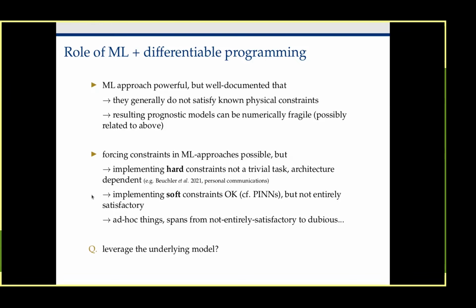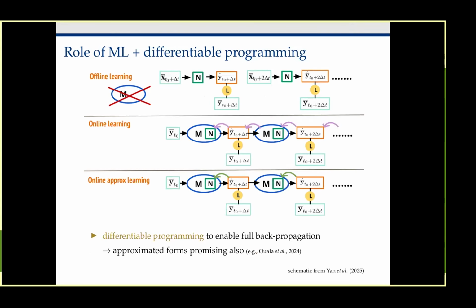theoretically satisfactory, in my opinion. One thing alluded to here is that you could also leverage the underlying model, and for this you eventually need differentiable programming. This is with online learning, but I think Said talked about this, so I don't really want to talk about it again. I would just say that it's fitting to trajectories, and the control variables, the things you adjust, are the things within this N. The N is a neural network or some sort of parameterization.